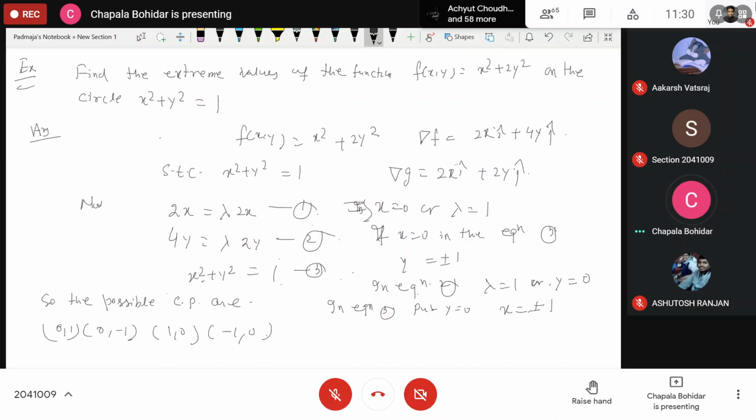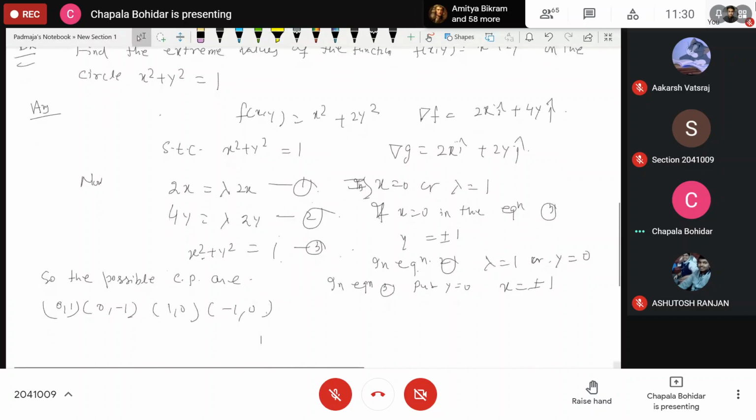Now evaluate at each point, where you have the maximum value, where you have the minimum value. Evaluate f at these 4 points.